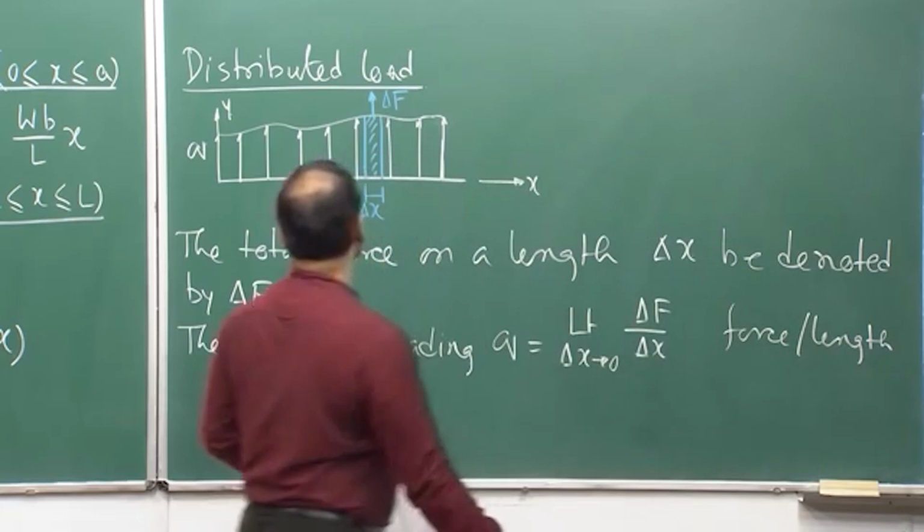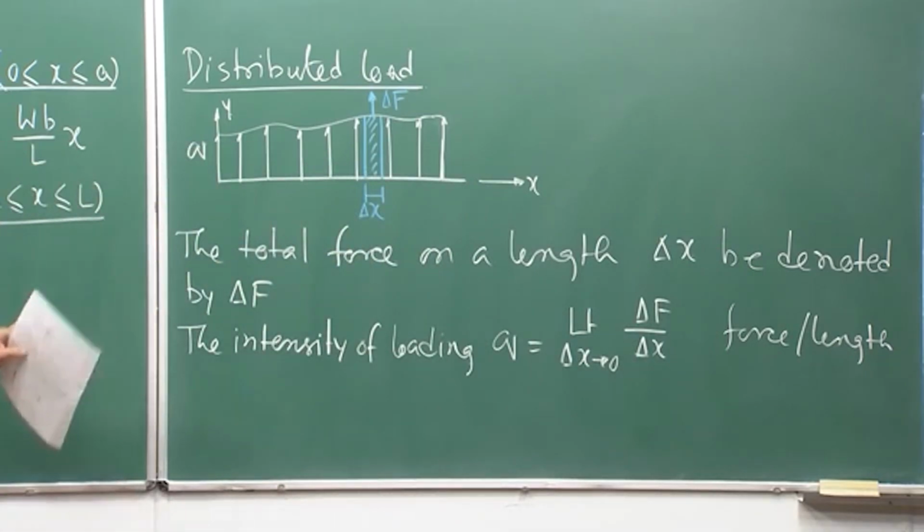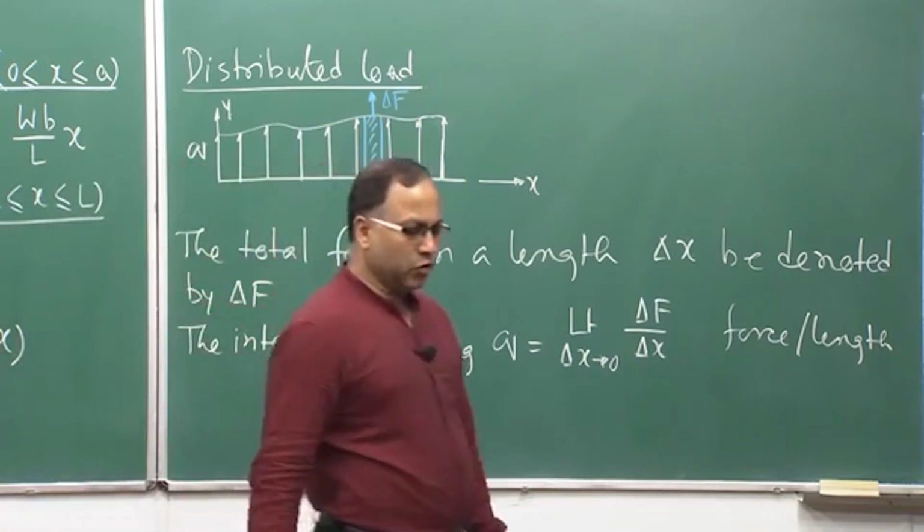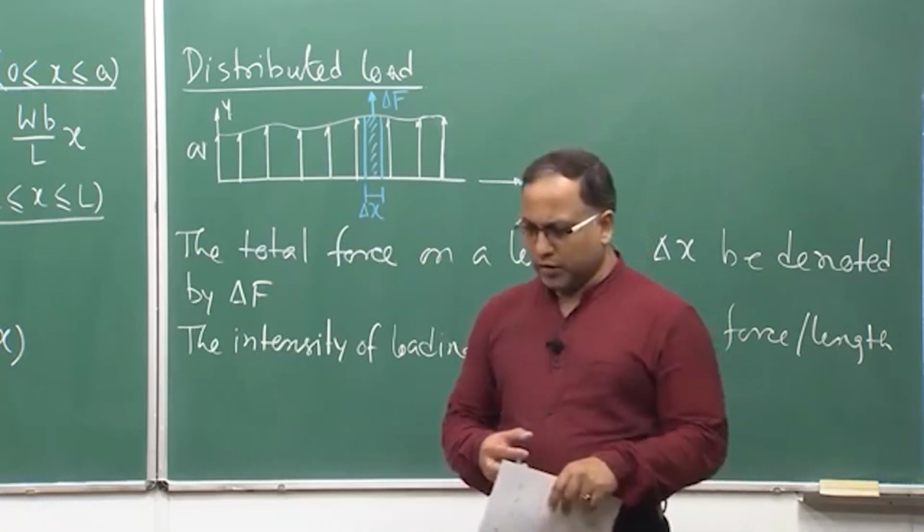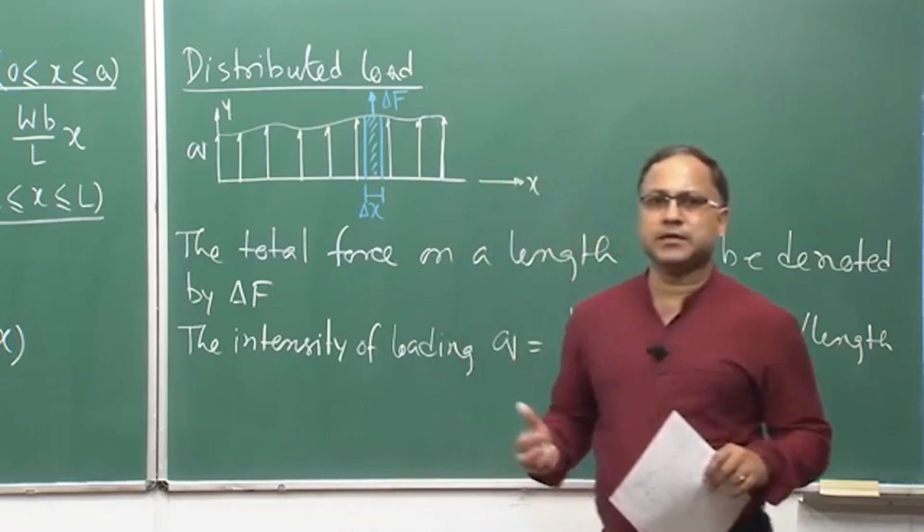So q is your intensity, okay, intensity of loading. So, intensity of loading can be given by this expression, very simple, okay. So, now whenever you will be getting this kind of distributed load, how will you analyze the system?